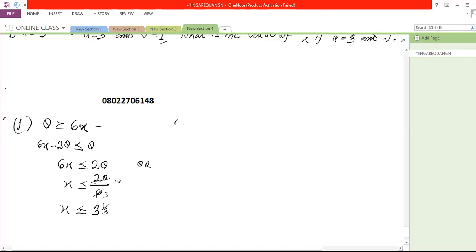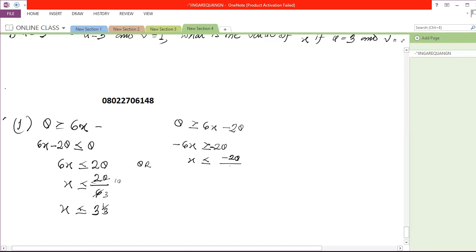We have 0 is greater than or equal to 6x minus 20. Take this 6x to the other side. You have minus 6x is greater than or equal to minus 20. Then from there, x now, by the time you divide by a minus, definitely the sign will change immediately.